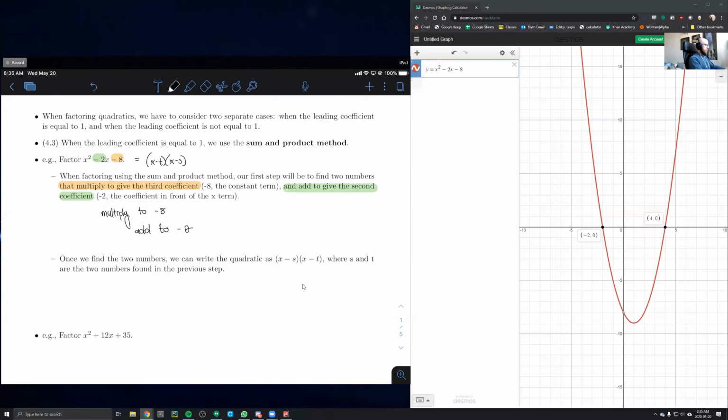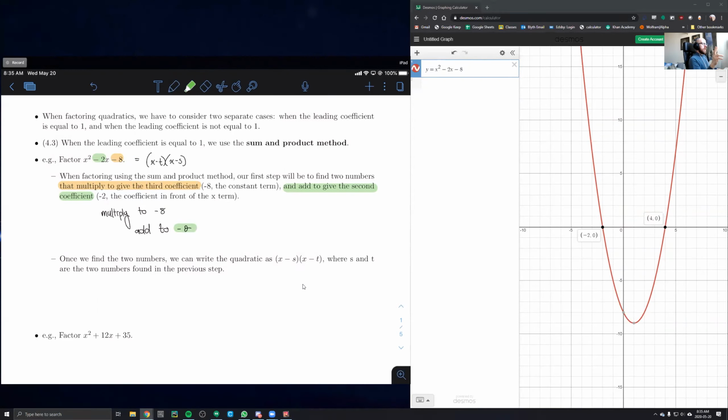However, we have to be a little bit careful, right? Because not only will it multiply to give -8, so you're right, 4 times -2 multiplies to give -8, but they also have to add up to give -2, right? Yeah, which it does not do. No, it does not do that. But it's very close though, right? It adds up to give +2.